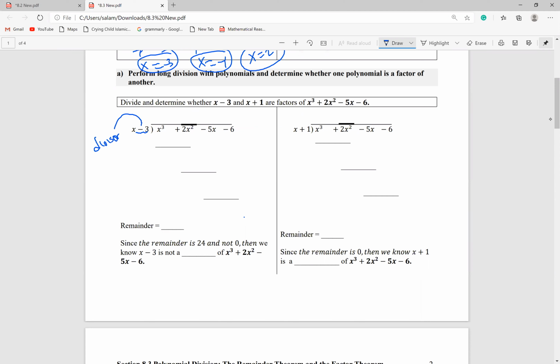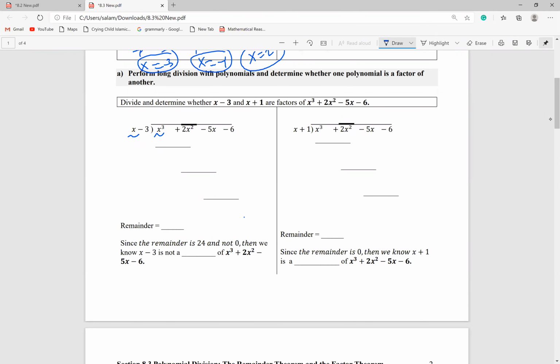Okay, so the long division is actually steps. The first thing we have to do is consider the first term that you have. Looking at the first term outside what you're dividing with, this is x cubed, this is x.